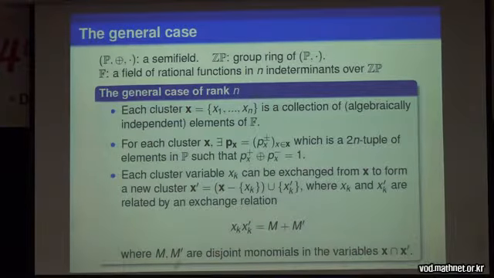For each cluster, you can get a 2n-tuple of elements. Here, this coefficient comes from this semifield. For each pair, the plus and the minus, satisfy this condition. They call it the normalization condition.